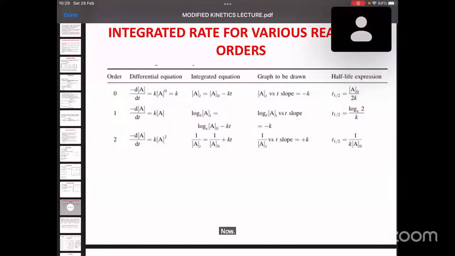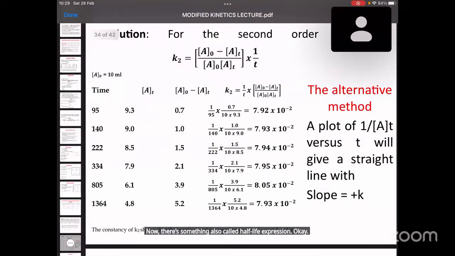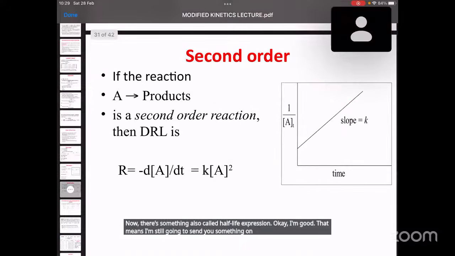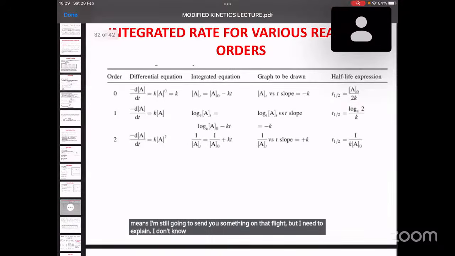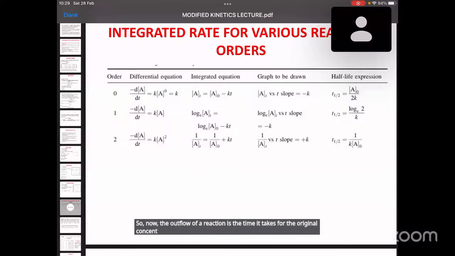Now, there's something also called half-life expression. I'm still going to send you something on that half-life, but I need to explain. I don't know why I skipped it. So the half-life of a reaction is the time it takes for the original concentration of your reactant to get to half.